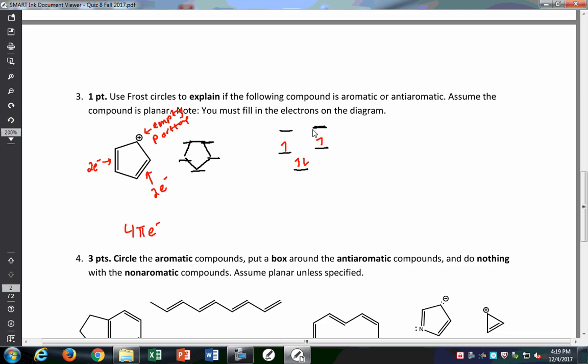So what we end up with is an energy diagram that looks like this, and this is going to be anti-aromatic. We have that extra instability from the fact that our HOMO has 2 unpaired electrons in it. Remember, HOMO is highest occupied molecular orbital.